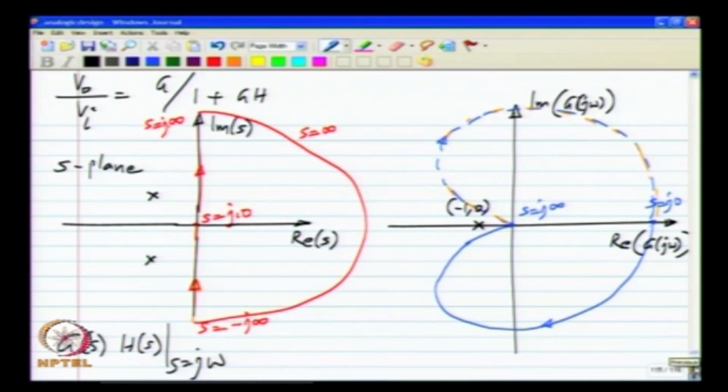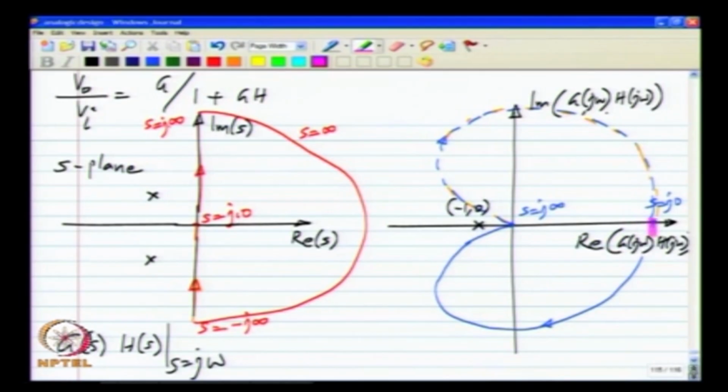And we already looked at an example here which corresponds to a stable system. So, in this case the Nyquist plot, the plot of the imaginary part of, sorry, I seem to have made a mistake here. This is the imaginary part of G(j omega) H(j omega), and this is the real part of G(j omega) H(j omega).